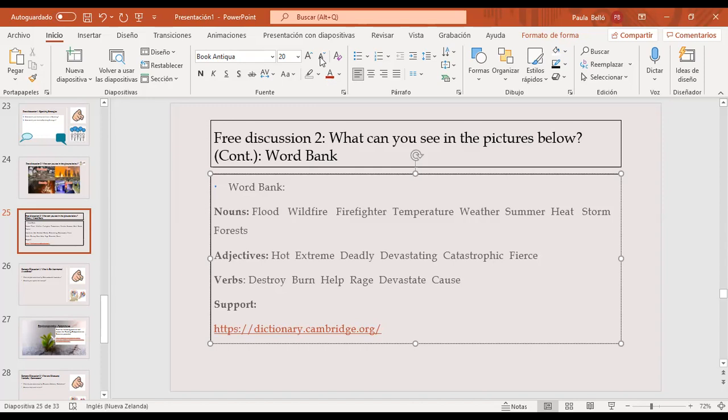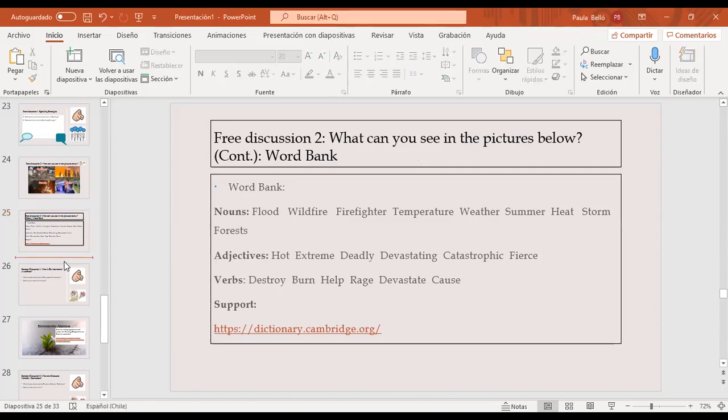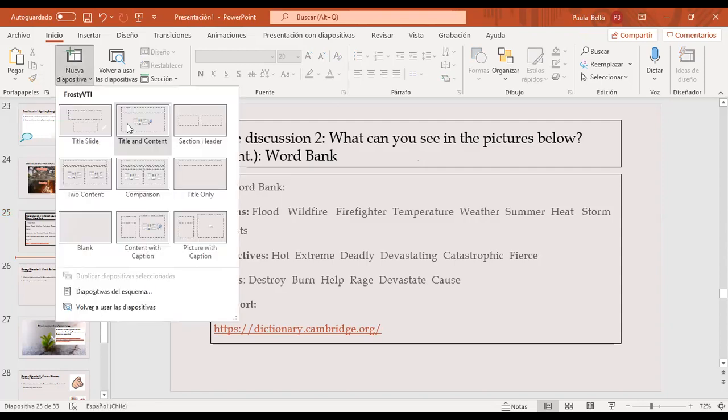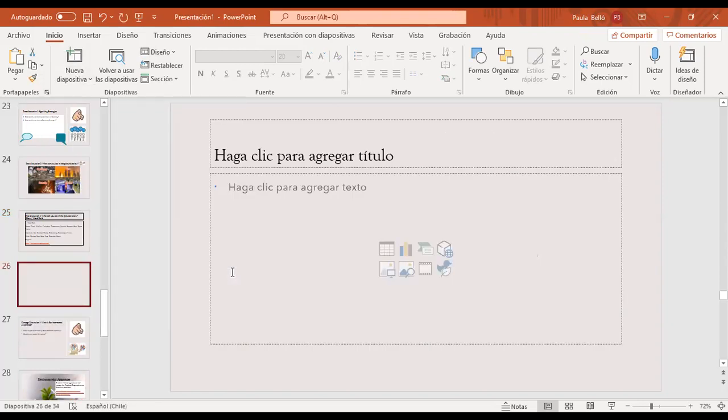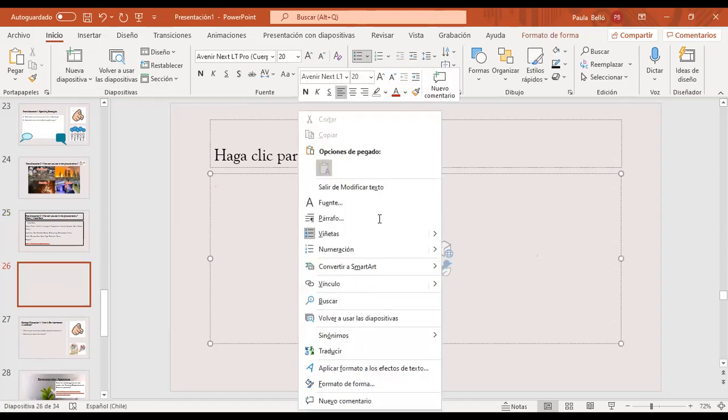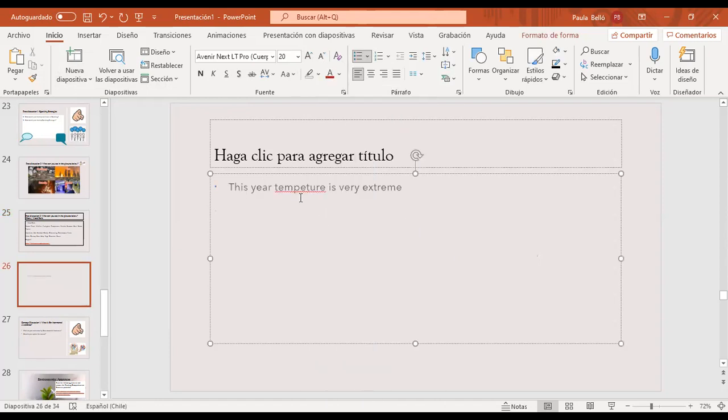Yes, cause as well. Phoebe, this year temperature is very extreme. Yes, excellent. Yes, it's very hot in the summer hemisphere. Yes, I will write two of these examples. Thank you, Phoebe. And then you will work with this, yes? And we will discuss your sentences on Wednesday.